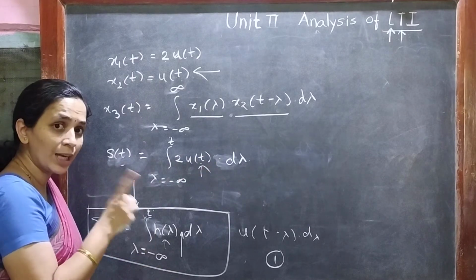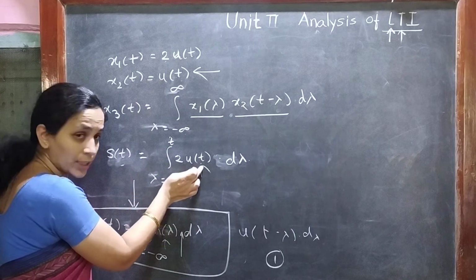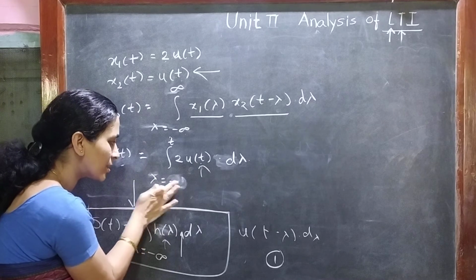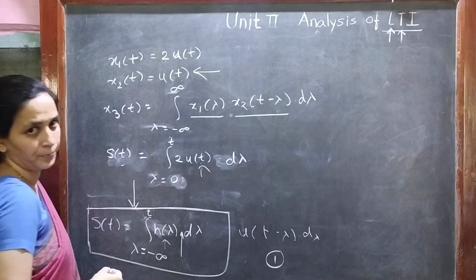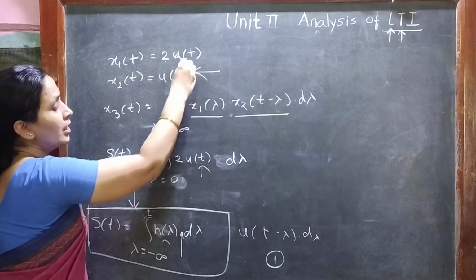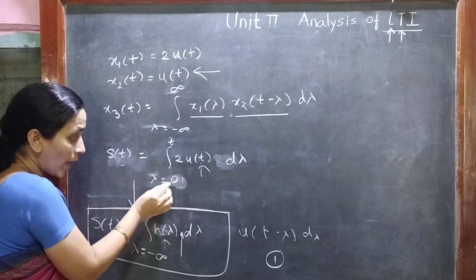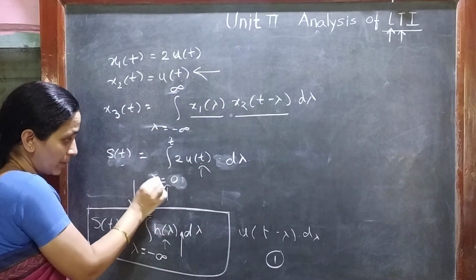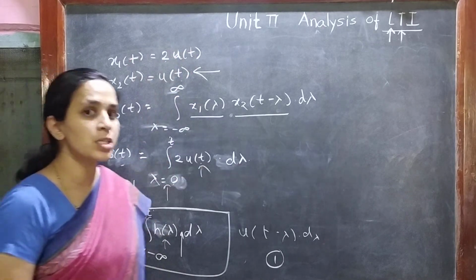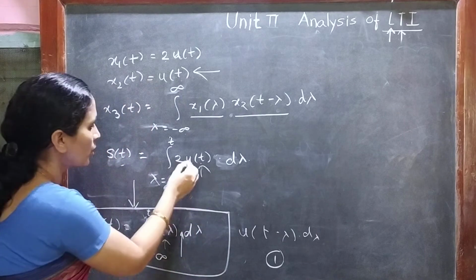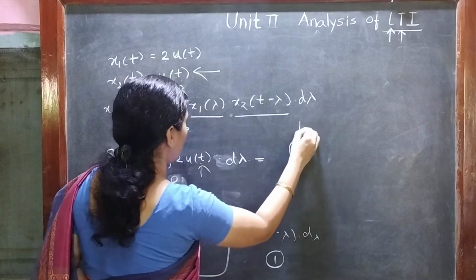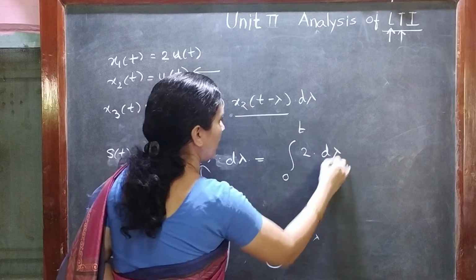Where does its value exist? Its value exists only from 0 to t. So I can make my limits now as 0 to t. Ideally those should be minus infinity to t if I consider this signal here. But why are those limits now 0 to t? Because this signal also is a unit step signal. So I can write it as integration from 0 to t of 2 into d lambda, right?